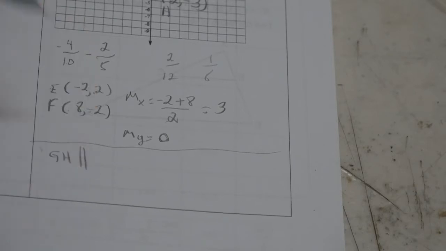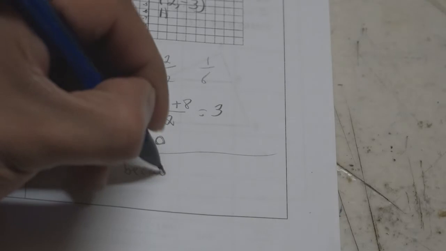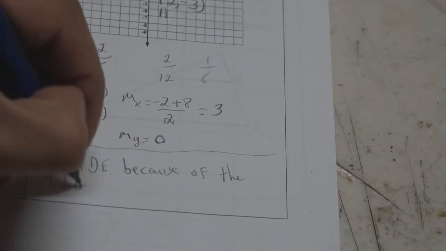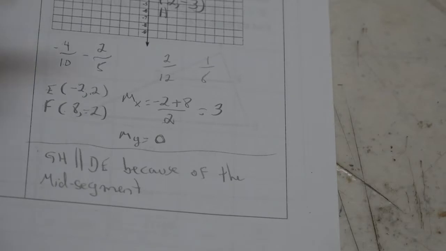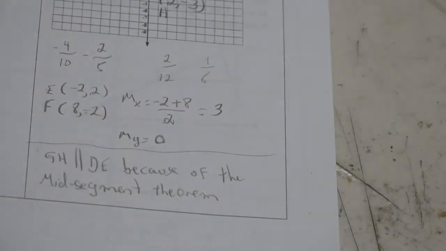GH is parallel to DE because of the mid-segment theorem. Okay?